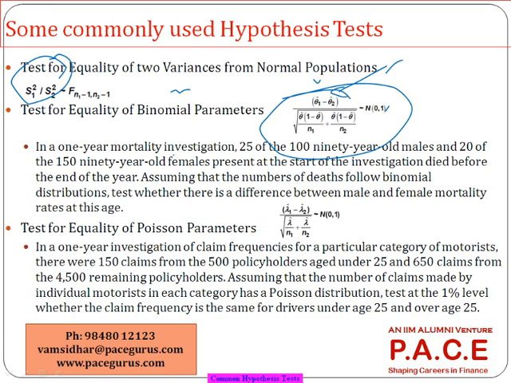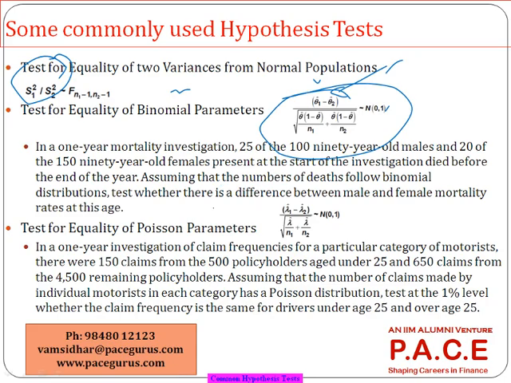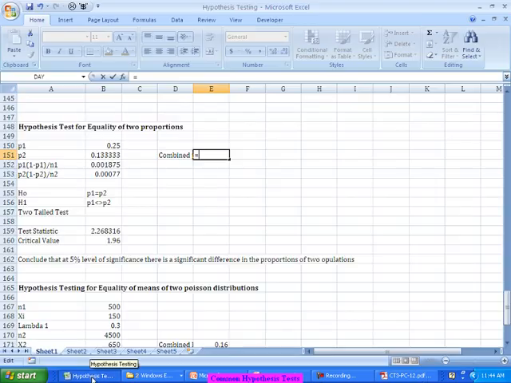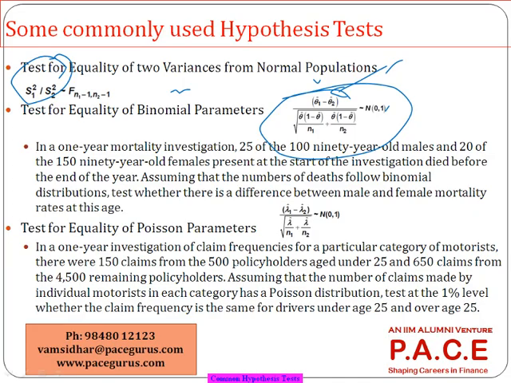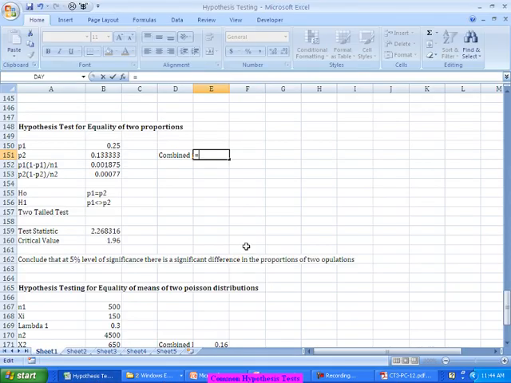So in the combined p, I'll take 45 divided by 250.